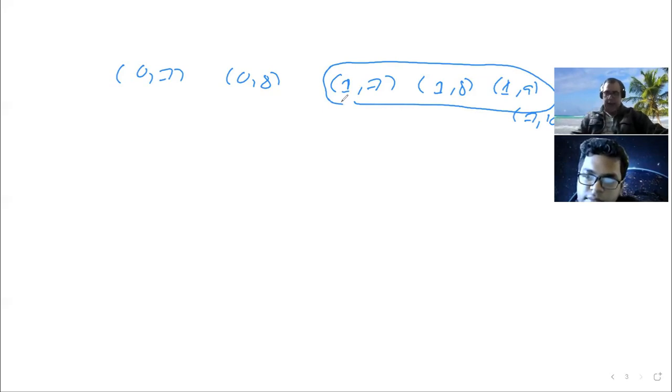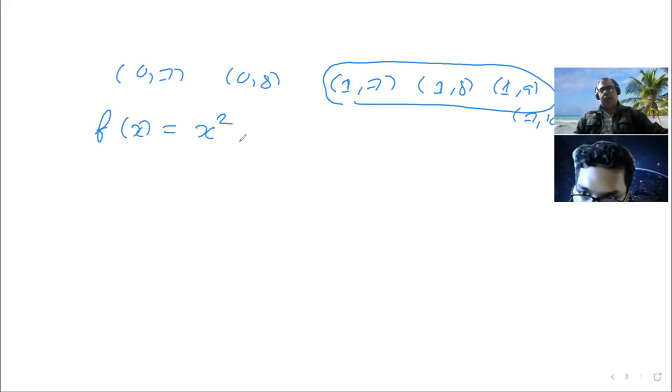Now let's go ahead. We actually have to find the domain and the range for different functions, right? So let us suppose you have been given a function f(x) equal to x square. To find the domain of a function, we have to find where it is not defined.